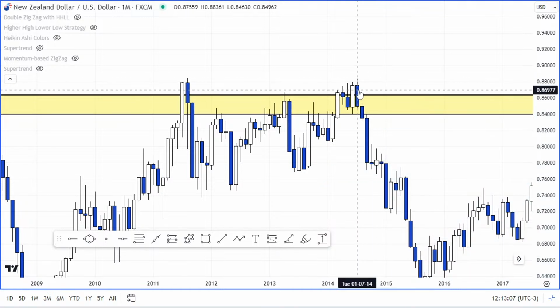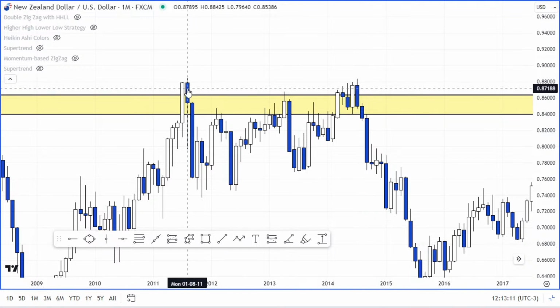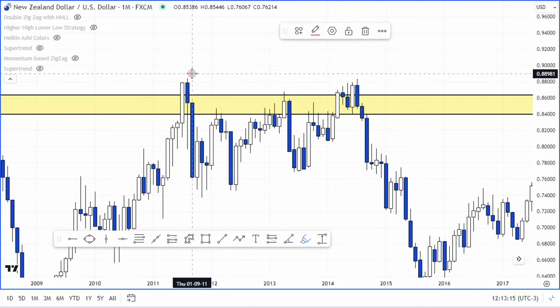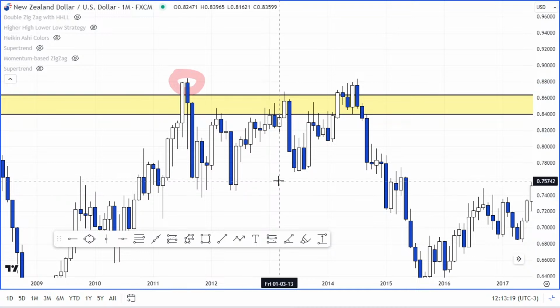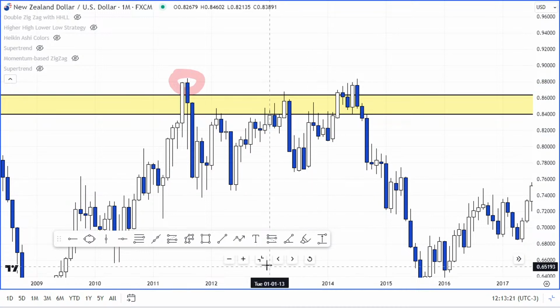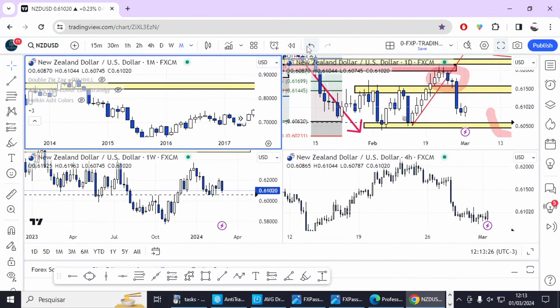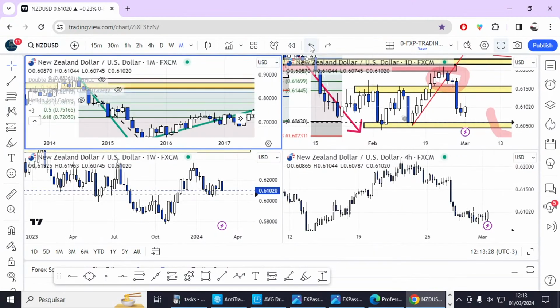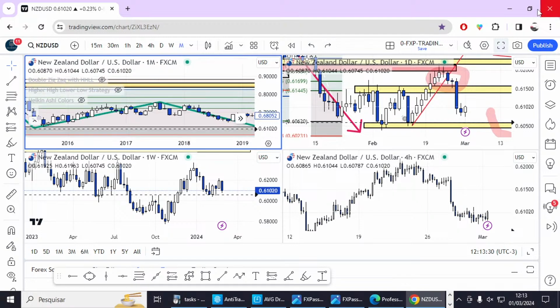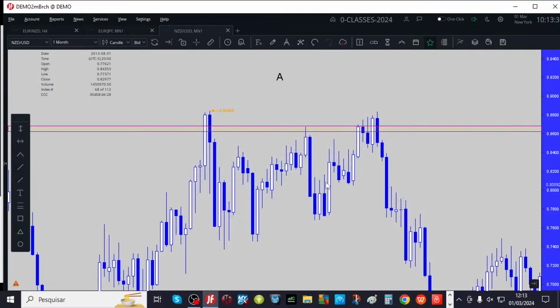So if you go to H, 8836, 8842, so the first circle, everybody. You start at the first circle. Alright, from TradingView too, it was the first circle.